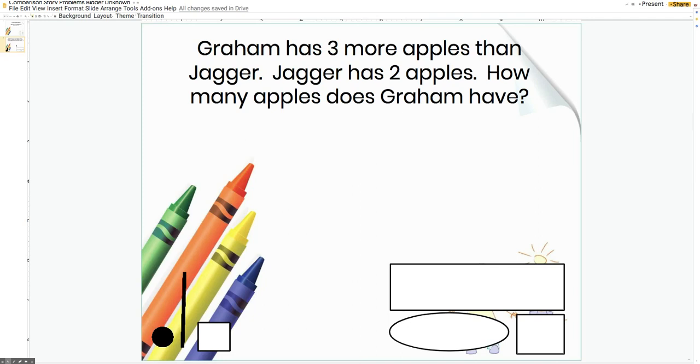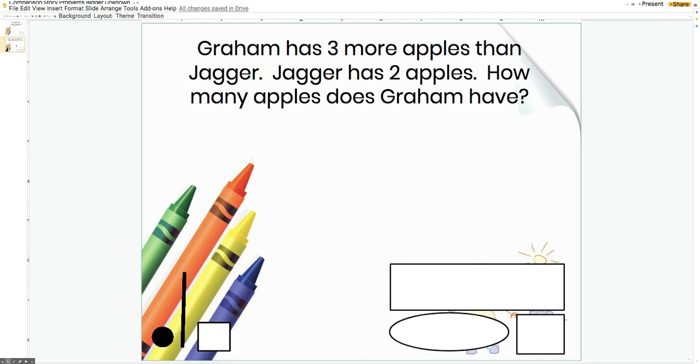What do we know about Graham's apples? Do we know how many he has? No, we don't. We know he has 3 more than Jagger, but we don't know how many he has altogether. That's kind of a dilemma, isn't it? Well, let's keep reading and see if we can find more information that'll help us.